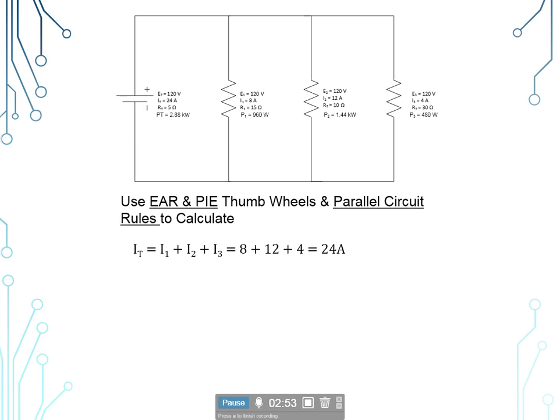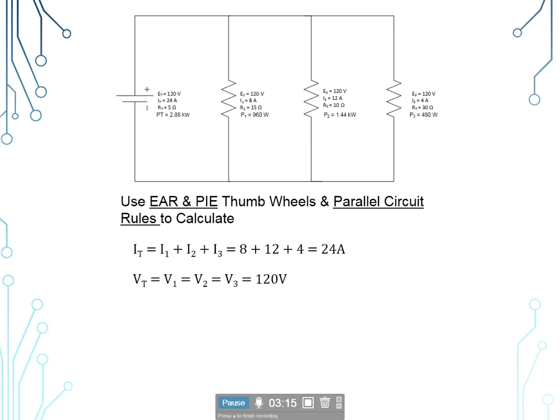And so we can say I sub t is equal to I sub 1 plus I sub 2 plus I sub 3. In the example we're using here, I sub 1 is 8 amps plus I sub 2 of 12 amps plus I sub 3 of 4 amps, giving us a total circuit current of 24 amps.